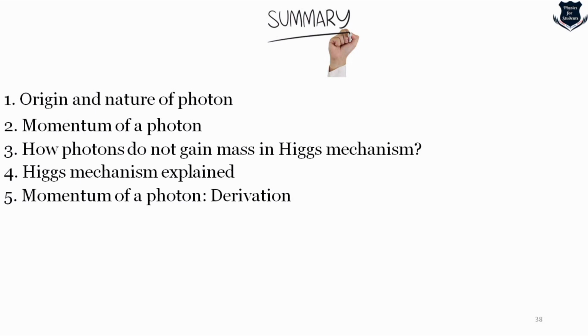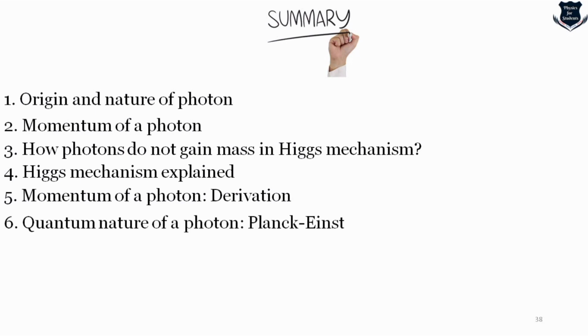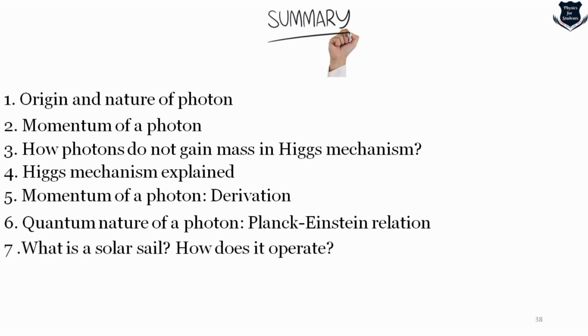We have looked into the derivation of the momentum of a photon. We have also looked into the quantum nature of the photon, what a solar sail is, and how, using the momentum of a photon, we can operate and maneuver a spacecraft. That's all. I think the video has given you a nice idea about how the photon gains momentum without having mass, and I tried to explain it in a little detailed way.